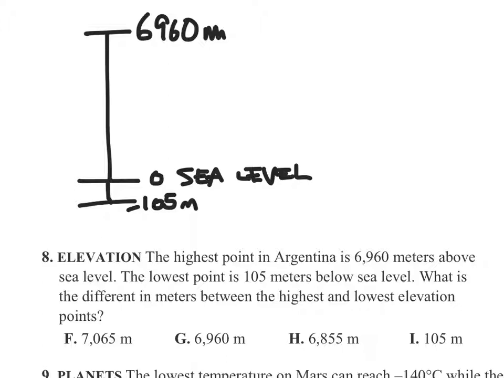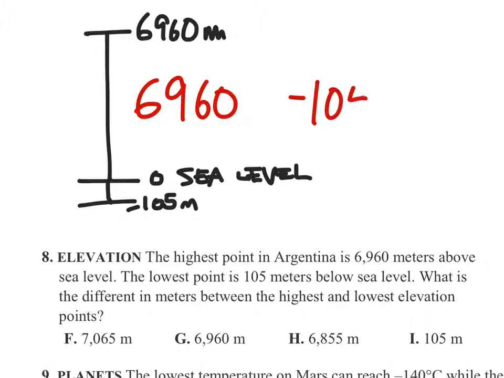So the expression, not that it asks for this, but we're going from 6,960 meters, and we're going to go all the way down to negative 105. And since we're looking at the difference, or the distance between these 2 points, we're going to subtract this. So we'll put that in parentheses.